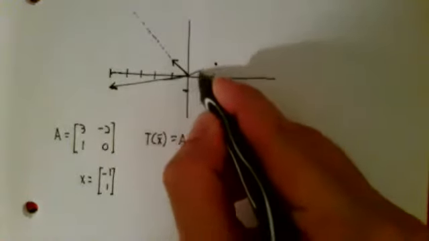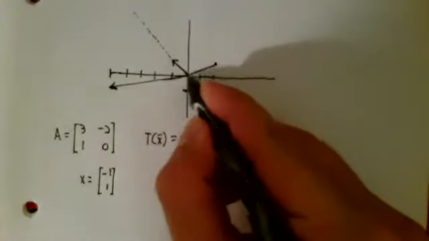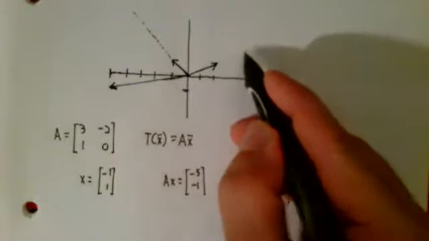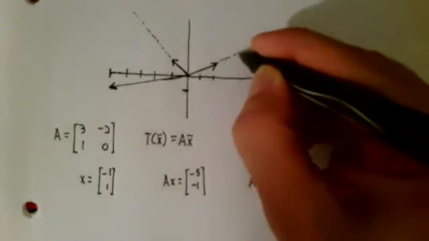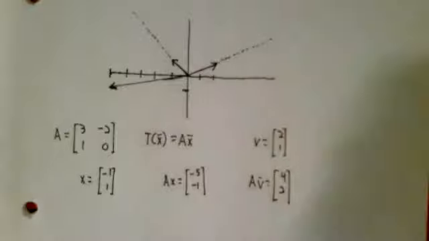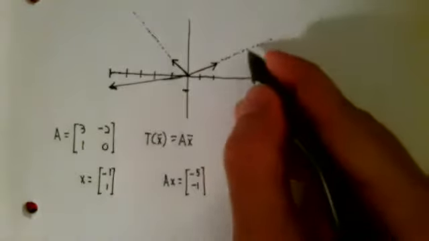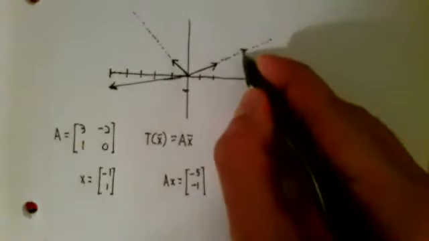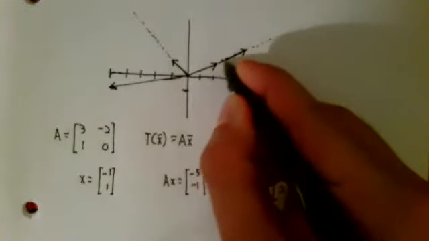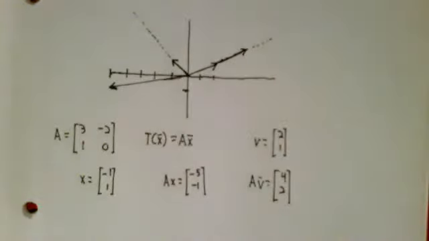Well, here's v on the graph, and it has this length and is going in this direction. And here is A times v. The length has changed, but the direction has not.